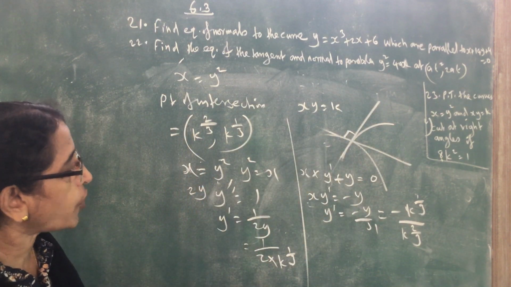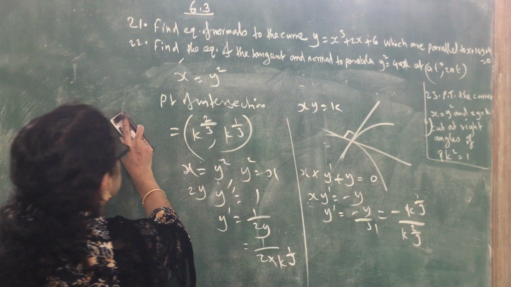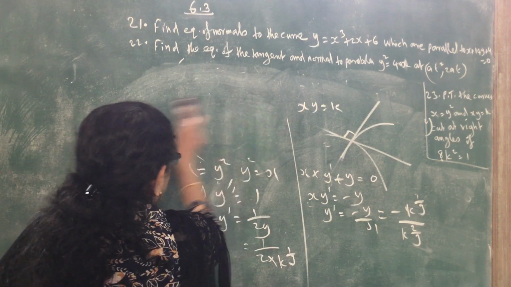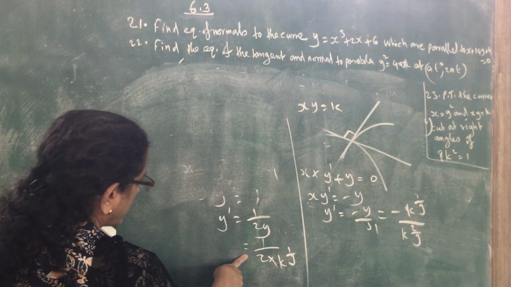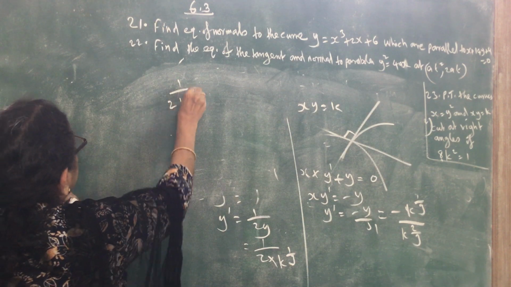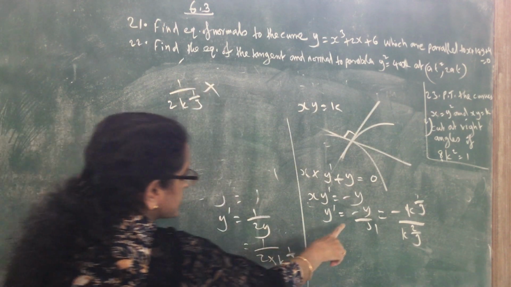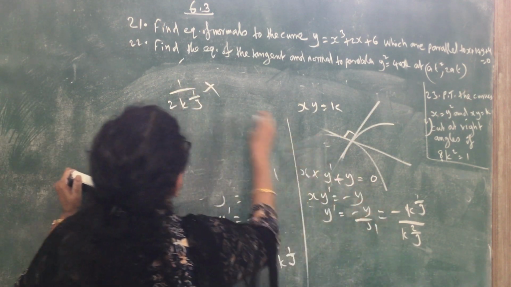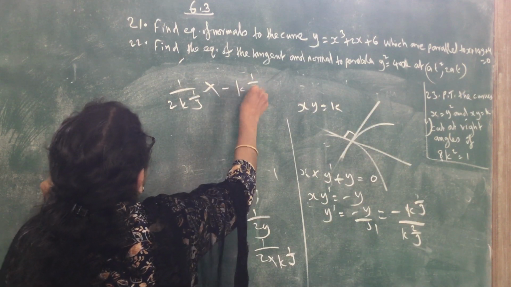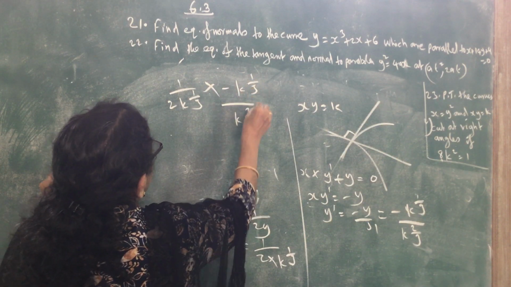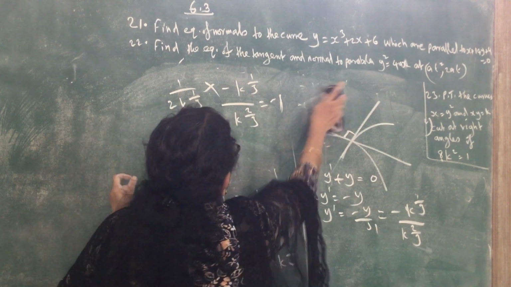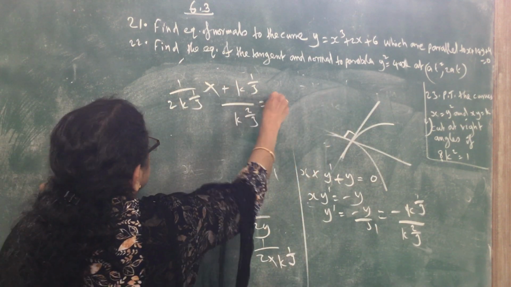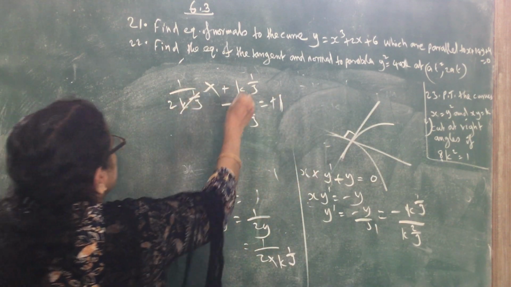Now the product of the slopes equal to minus 1. So what we get? This is the product of 1 by 2 into k raised to 1 by 3 into the slope of the tangent to the other curve, that is minus k raised to 1 by 3 by k raised to 2 by 3, equal to minus 1. We can cancel the minus from both sides. So k raised to 1 by 3 we can cancel.